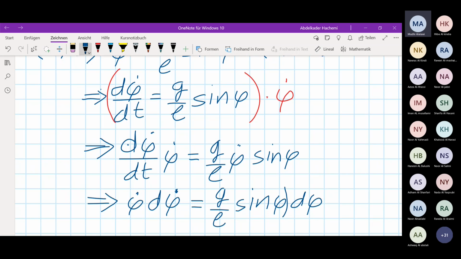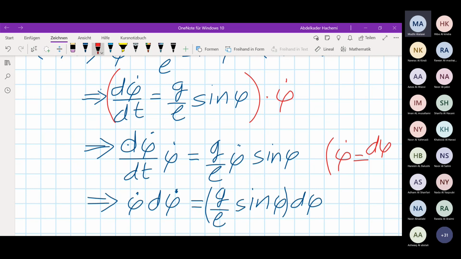Okay, I make it like this. Here d phi is the change of the angle. Here d phi dot is the change of the velocity. And we know that phi dot, I write it in red color, is only d phi divided by dt.